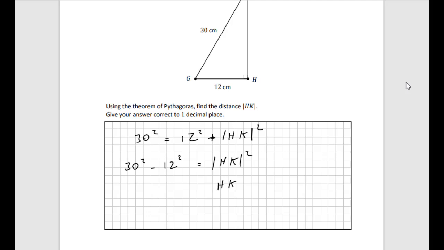That will give me HK squared is equal to 756 when you do that. And finally then the distance from H to K to one decimal place is going to be 27.5 centimeters. Okay, so that's that one done.